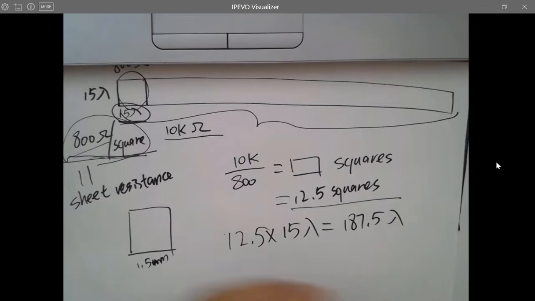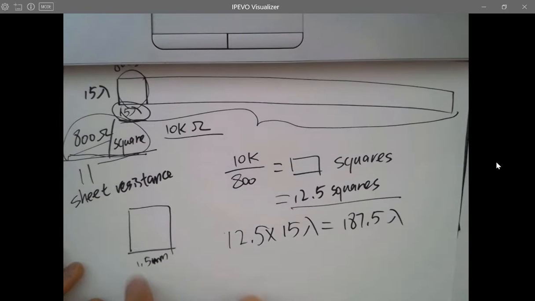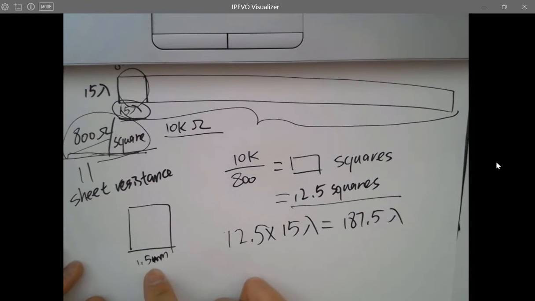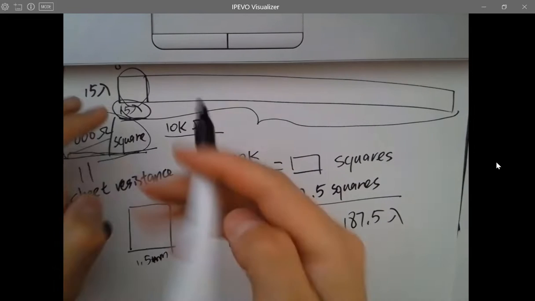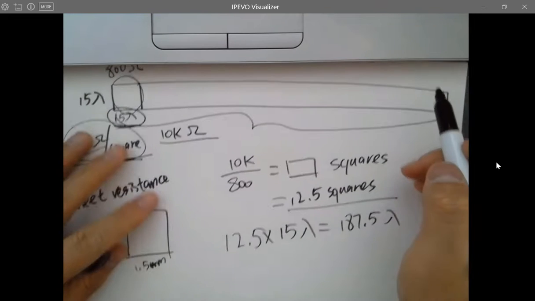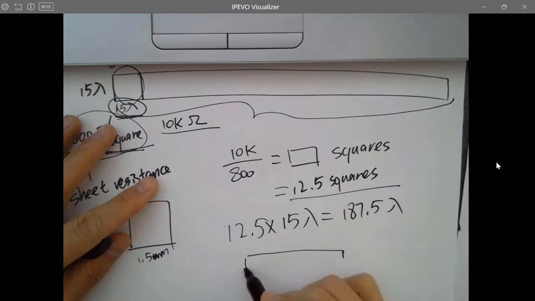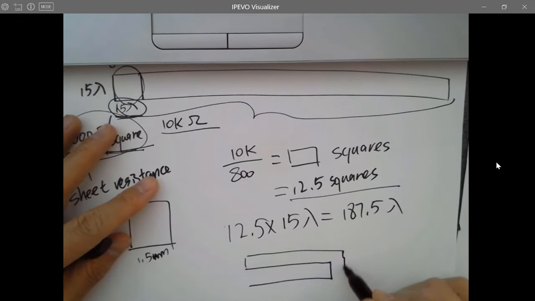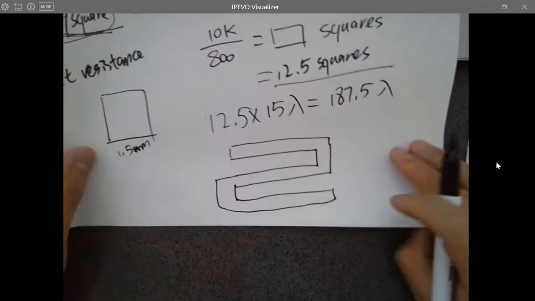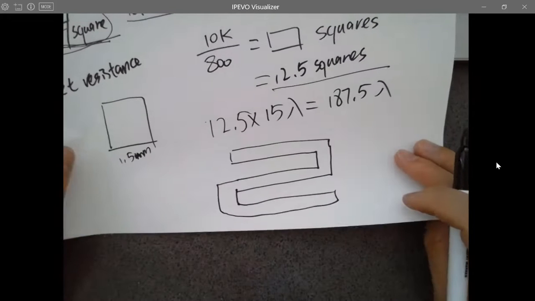If you have one straight resistor which is longer than that, then it's going to be a disaster. You couldn't fabricate it. You have to turn it at some point. You cannot directly just make one long resistor. You have to do this to save space. Serpentine shape.